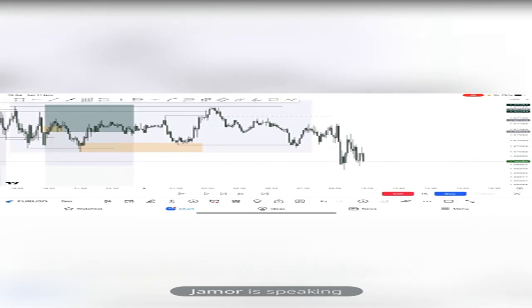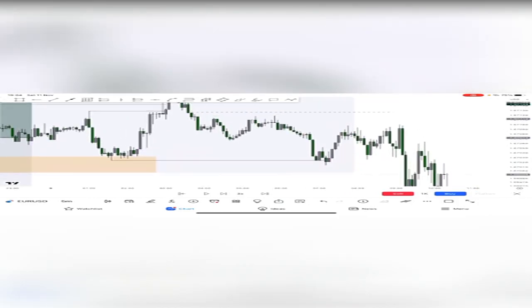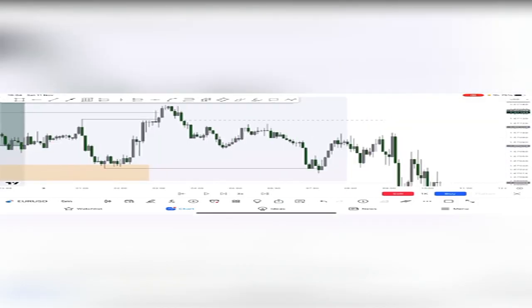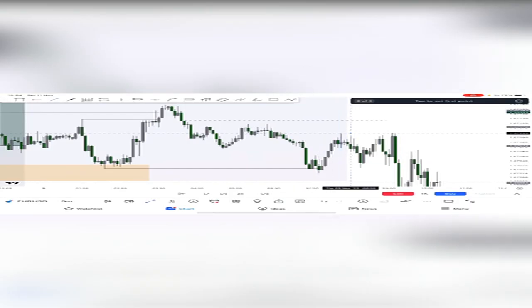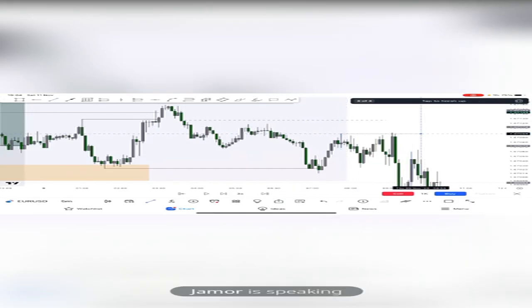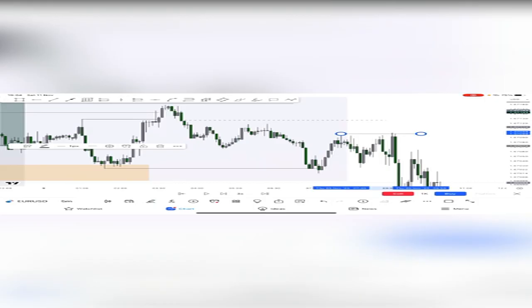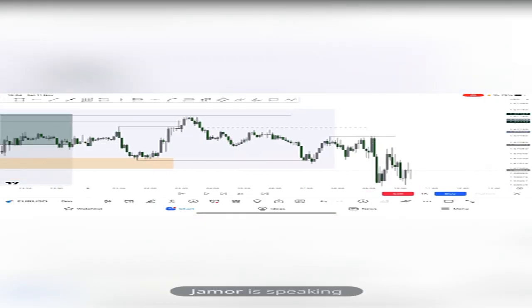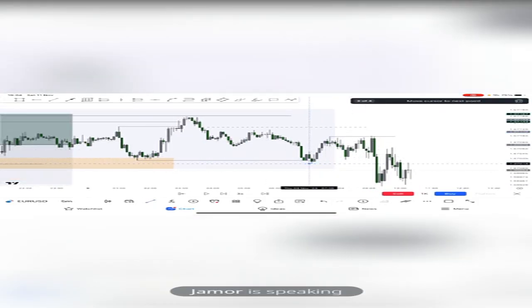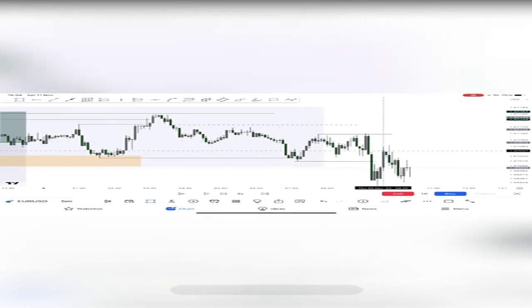That's a proper structure for me. The zone I'm eyeing might be something else on the 45 minutes. I'm trying to make it easier for people to understand how to use lower time frames properly. Something like this would be good.